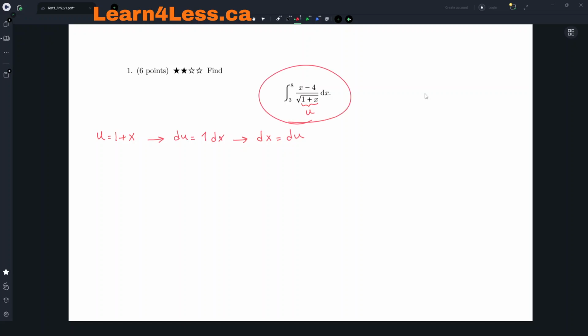Now we can rewrite this integral. So this integral would be x minus 4 over square root of u times dx, which instead of dx we have du. Make sure that after any substitution, you don't see your previous variable. Everything should be in terms of the new variable, so everything should be in terms of u.